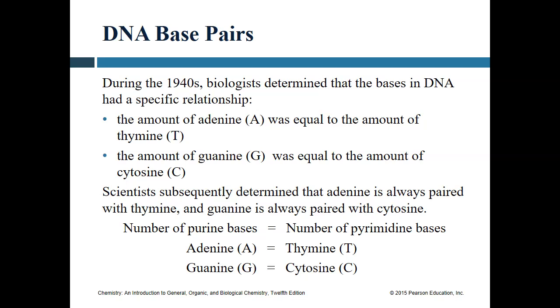And what we found out through these analyses was that when we looked at DNA, the amount of adenine and the amount of thymine was always the same. And the amount of guanine and cytosine was always the same as well. And that seemed kind of odd, because that would mean that it isn't quite as random as maybe we were once thinking.